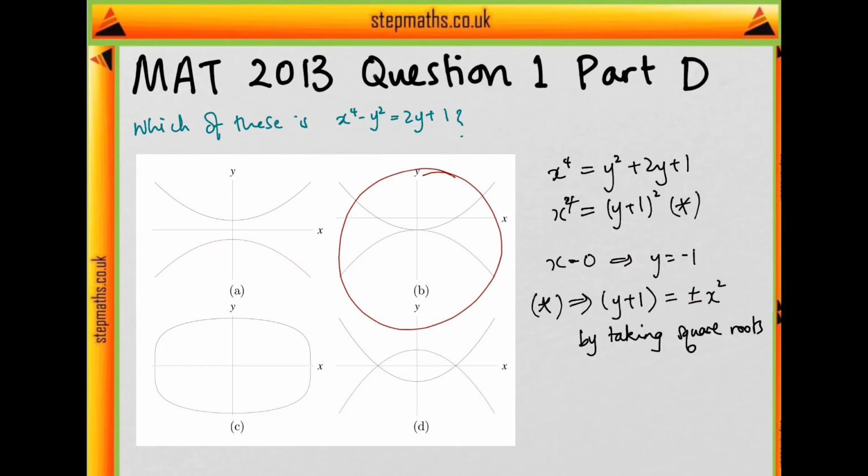And if I just rearrange this, then I'm going to get that y is equal to plus minus x squared minus 1. And you can see that this would indeed correspond to this graph. So this would be x squared minus 1. This graph here would be minus x squared minus 1. And so B is our correct answer.